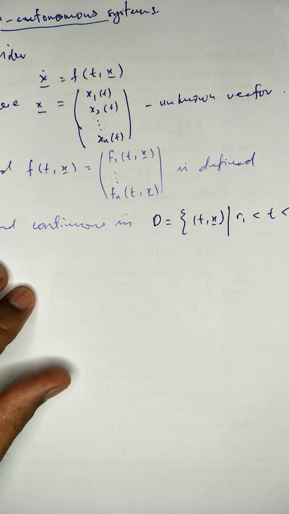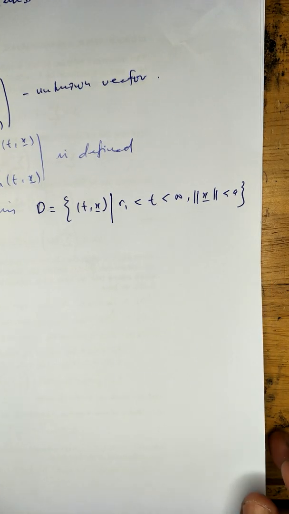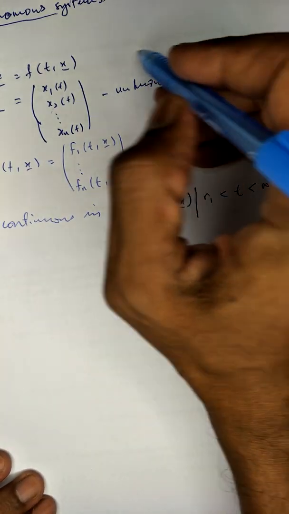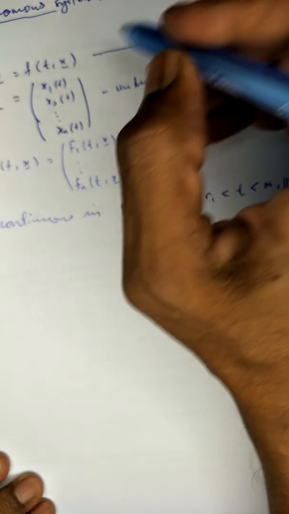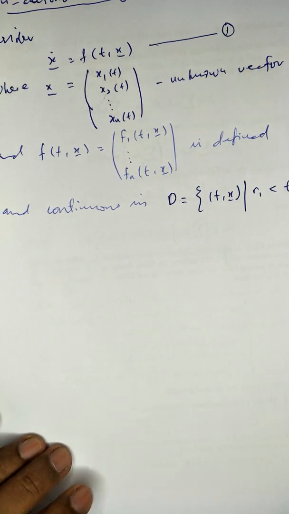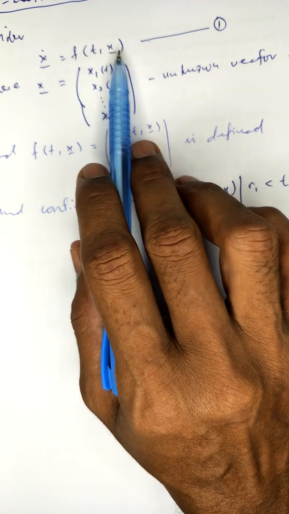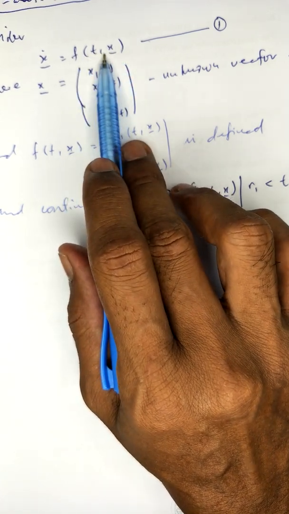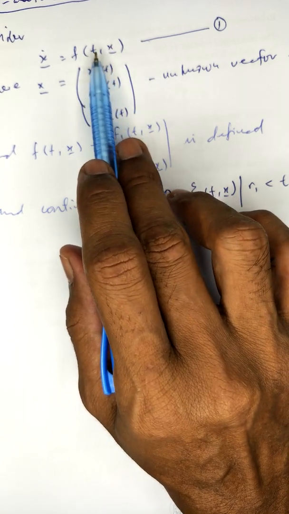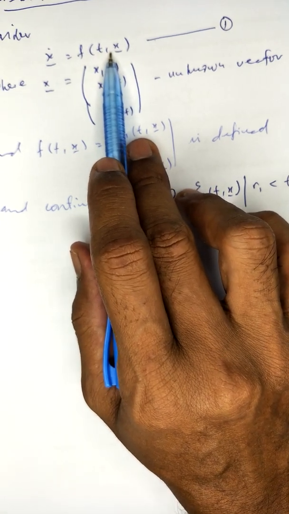I will define later what the norm is. Let's call this system number 1. We call it non-autonomous because f itself depends on t. For an autonomous system, the function does not depend on t.